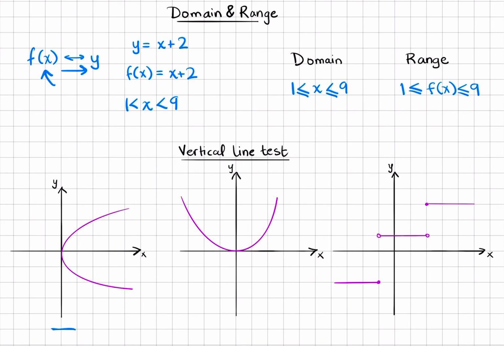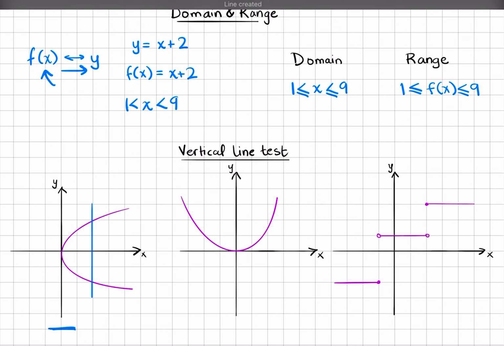Let's look at the first example here. I have my coordinate planes, y and x, and then I have this curve. To test if it's actually a function or not, I'll just draw any vertical line that passes through the graph, just like this.